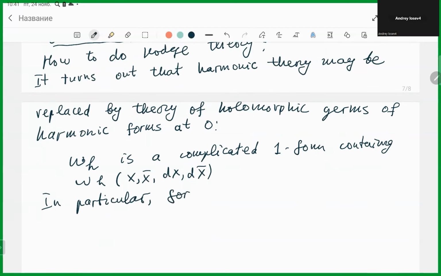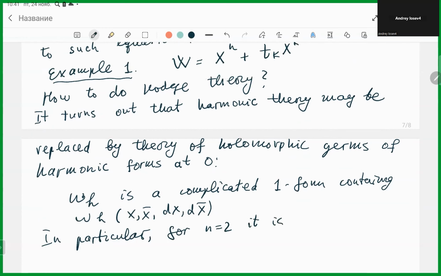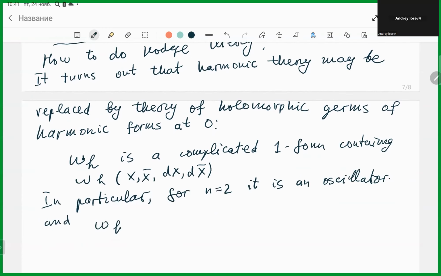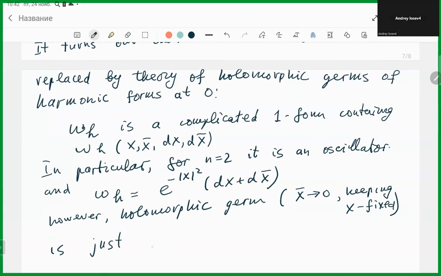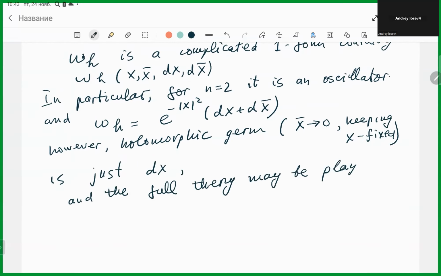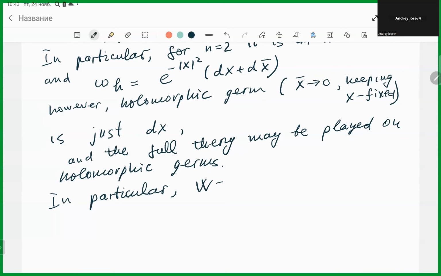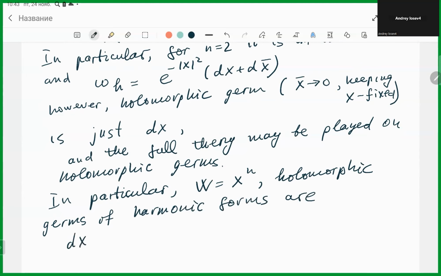In particular, for n equals 2, it is an oscillator, and omega harmonic has the following form. However, harmonic germ, sorry, holomorphic germ. Holomorphic germ means that we take x bar to 0, keeping x fixed, so it is just dx. And the theory may be played on holomorphic germs. In particular, for W, holomorphic germs of harmonic forms are dx, x dx, up to x to the n minus 2 dx.